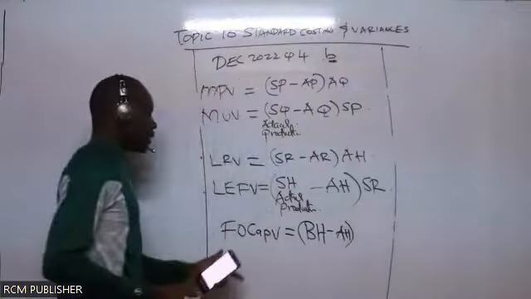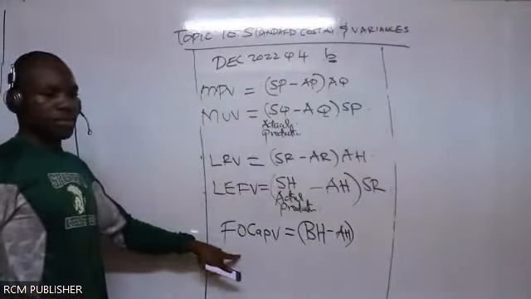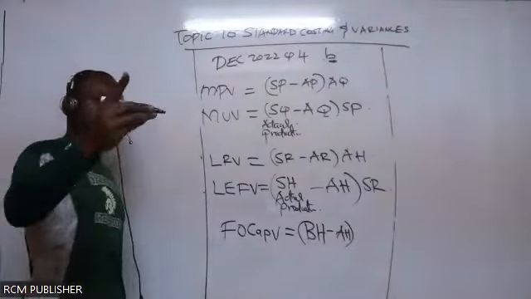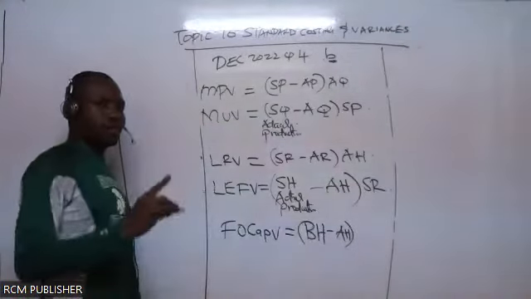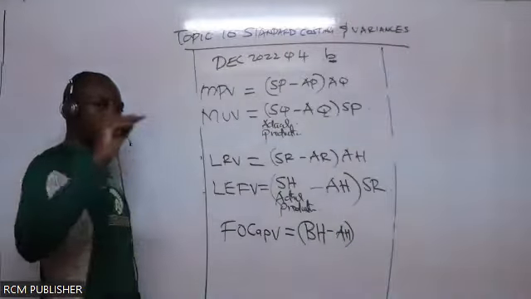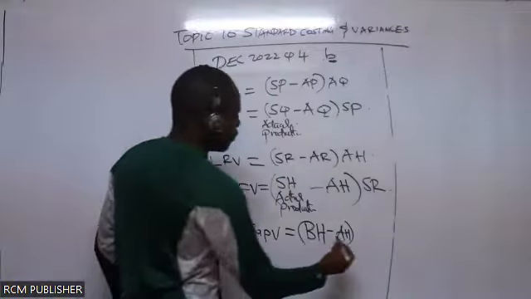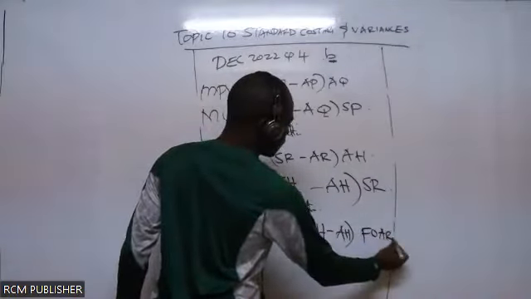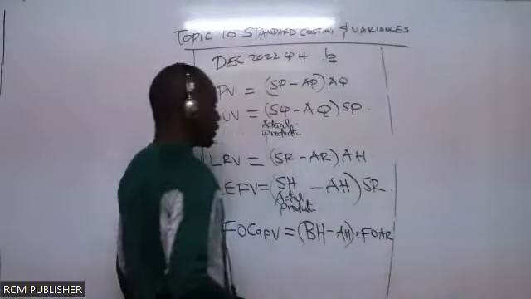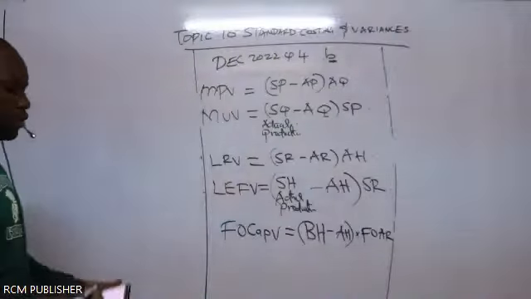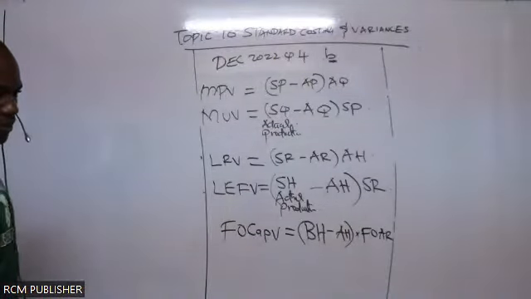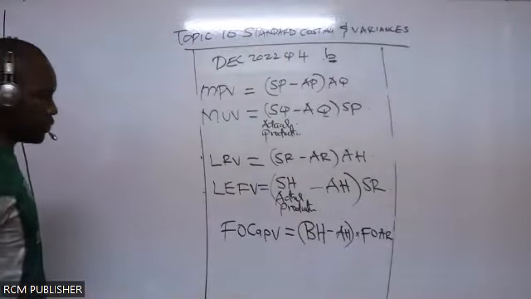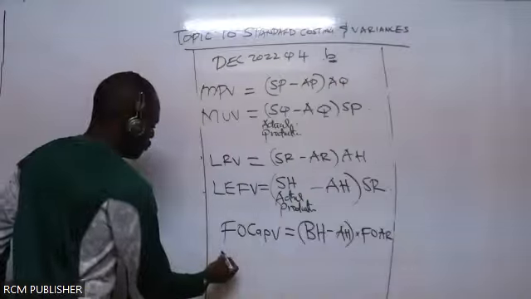Then I said, anytime you're going to deal with the overheads, the fixed overhead and the variable overhead, you bring in the concept of the last part of topic number 4, topic number 5, and topic number 7, which is the fixed overhead absorption rate, multiplied by the fixed overhead absorption rate. So are we able to get the fixed overhead absorption rate? That is what we need to put in place.